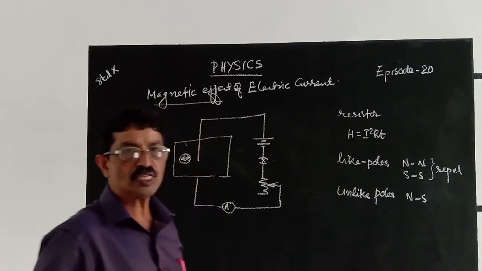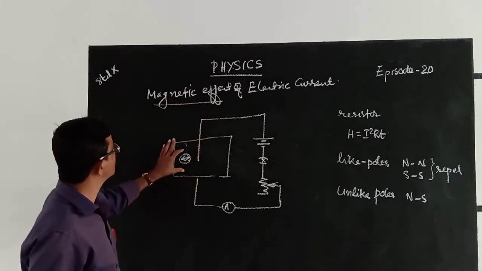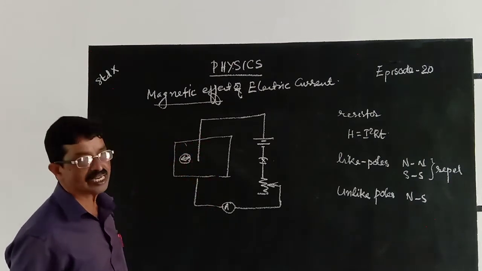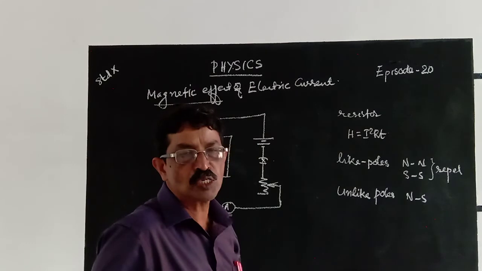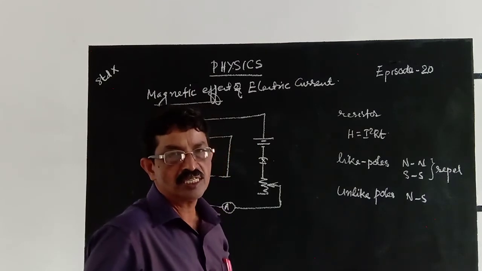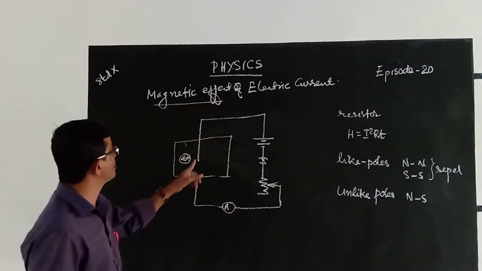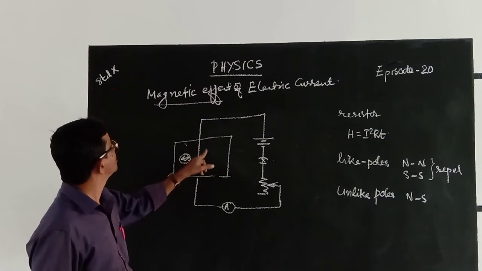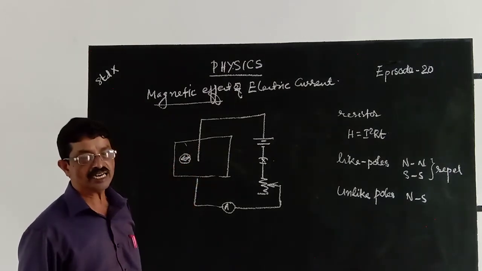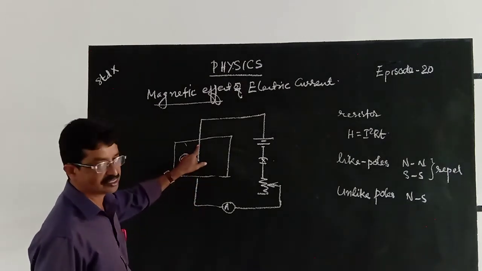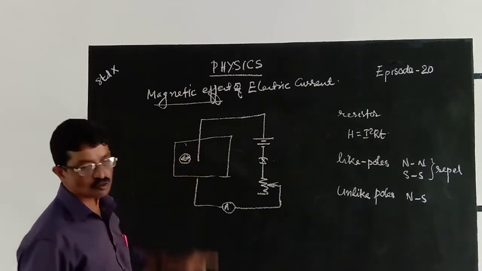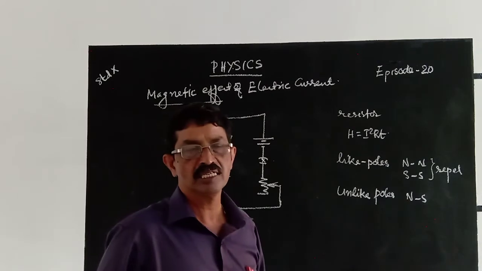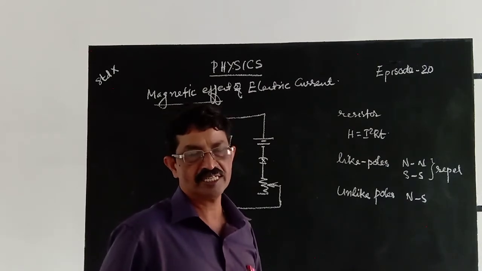Because a magnetic field is produced around this current carrying wire. Due to the action of these two magnetic fields, the compass is deflected.